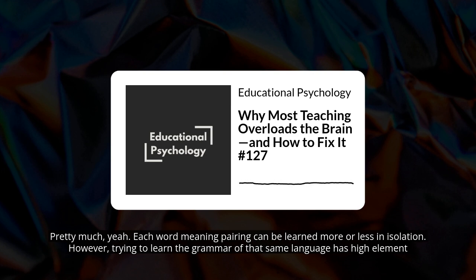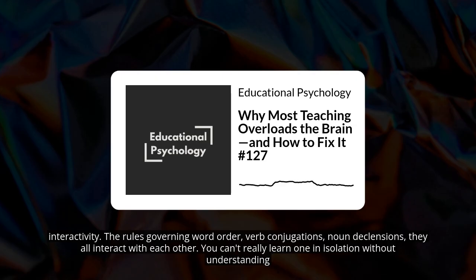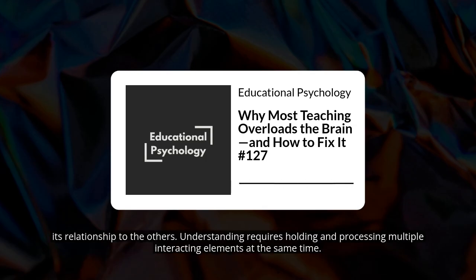However, trying to learn the grammar of that same language has high element interactivity. Oh, huh? The rules governing word order, verb conjugations, noun declensions, they all interact with each other. You can't really learn one in isolation without understanding its relationship to the others. Understanding requires holding and processing multiple interacting elements at the same time.